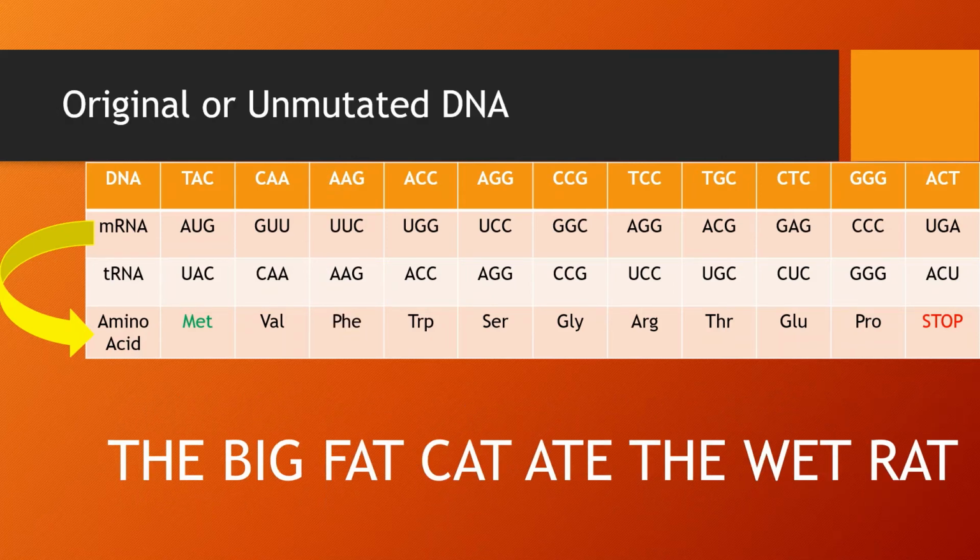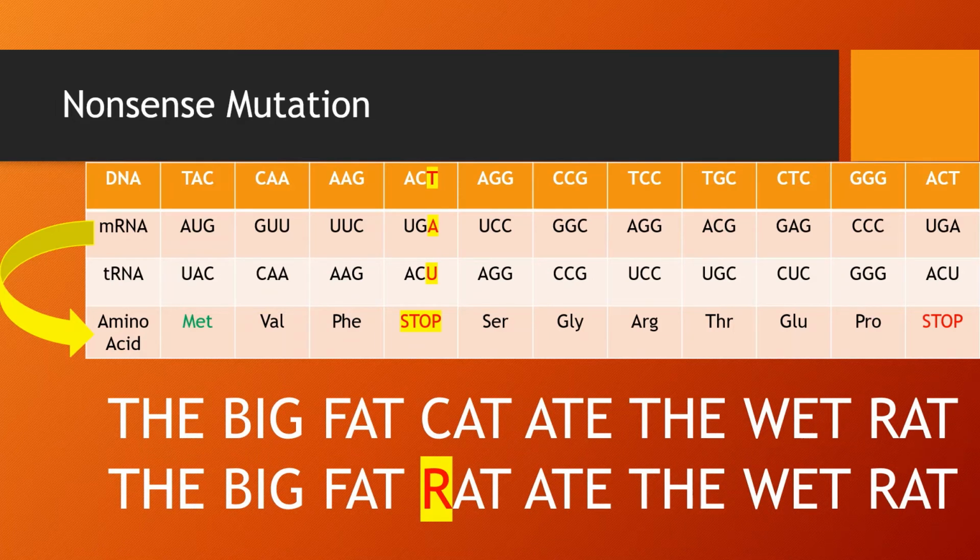Again, showing our original unmutated strand of DNA, and then looking at a nonsense mutation. A nonsense mutation is where we have a change of nucleotides. Here we have ACT now in the DNA strand, which makes the complementary mRNA UGA, tRNA ACU. And UGA in mRNA, when you put it through a codon chart, actually codes for stop.